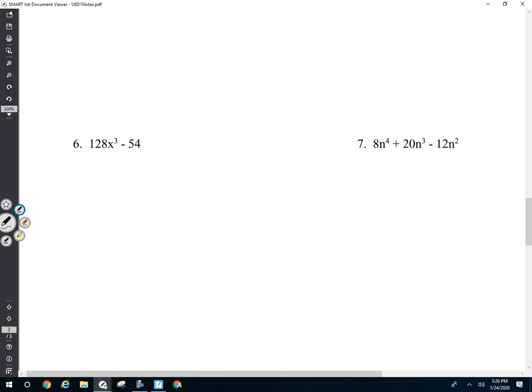128x cubed and 54. Good start, Mr. Stein. Sometimes if you don't know what the biggest number is, let's take an example like this. 48x and 96. What's the biggest number? I don't know. Let's try 2. I know 2 divides into both of them, right? This is 24x and 48.